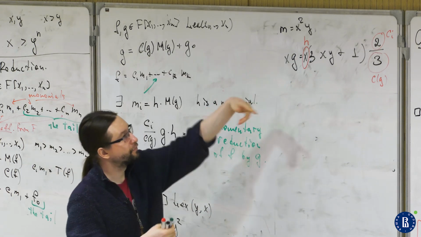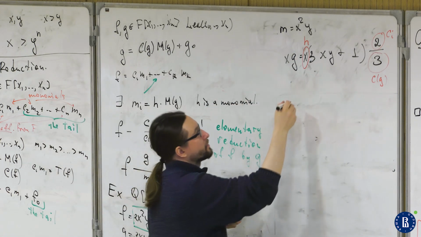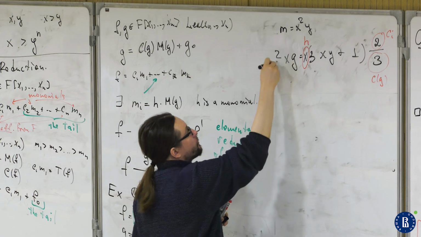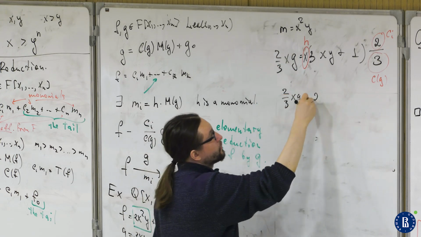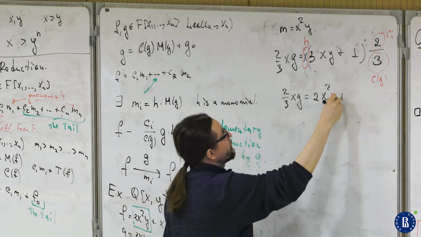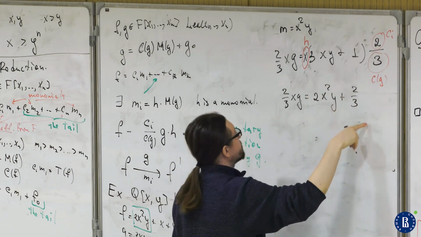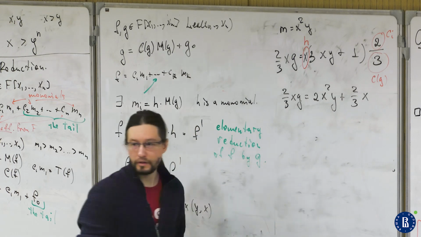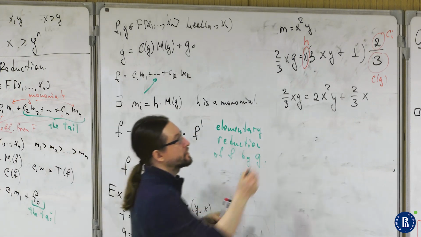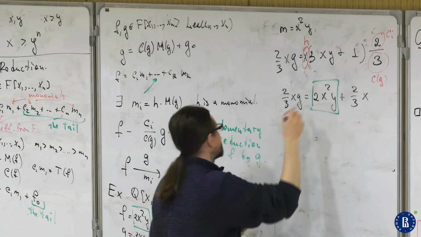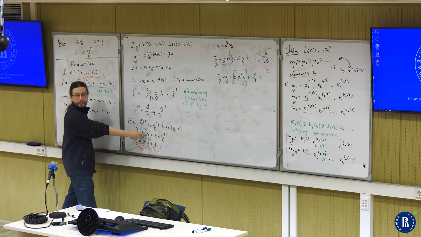Now, if you open the parentheses with 2/3, you will see that this thing is 2x squared y plus 2/3 x. So this thing is exactly the same as this thing.